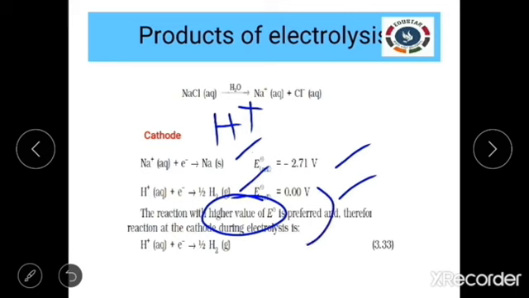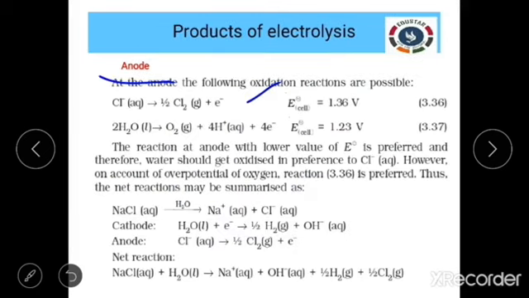So I have written this equation. One is chloride ions giving chlorine, and another one is water giving hydrogen ions. Here, for the anode, the reaction with the lower value of electrode potential is preferred. The lower electrode potential, 1.23 volt, is actually the water reaction, so this should be preferred.